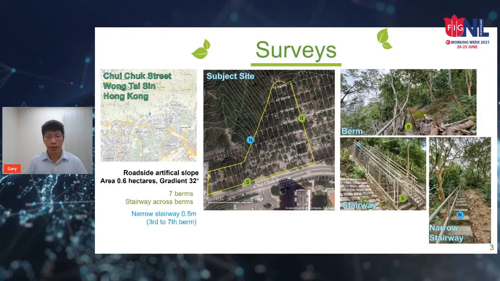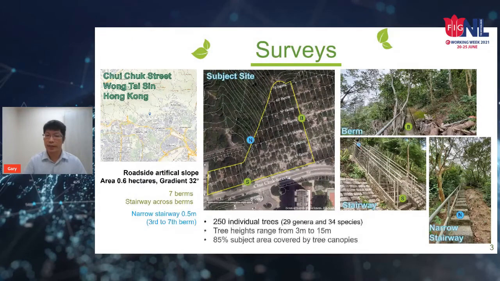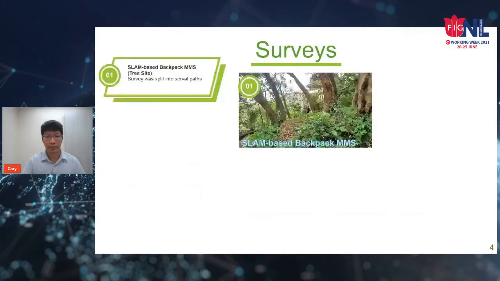The stairway from the 3rd to 7th berms was very narrow, about 0.5 meters. There are about 250 individual trees, and the tree heights range from 3 meters to 15 meters.